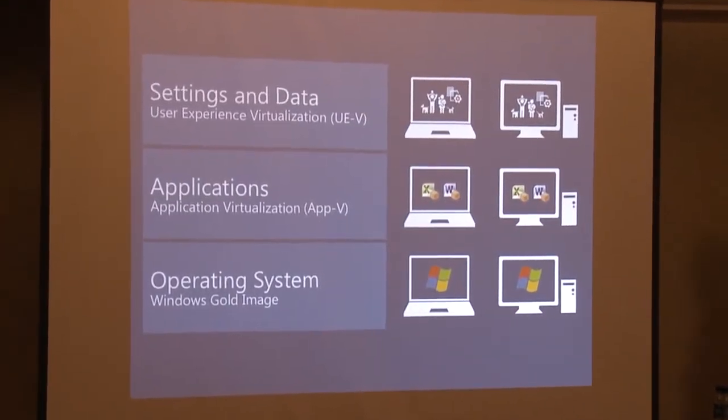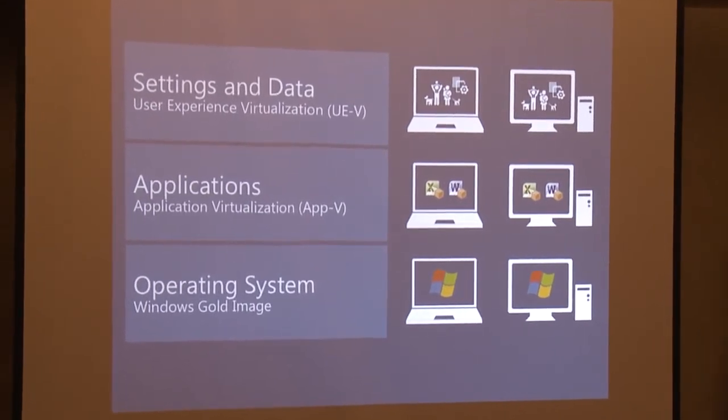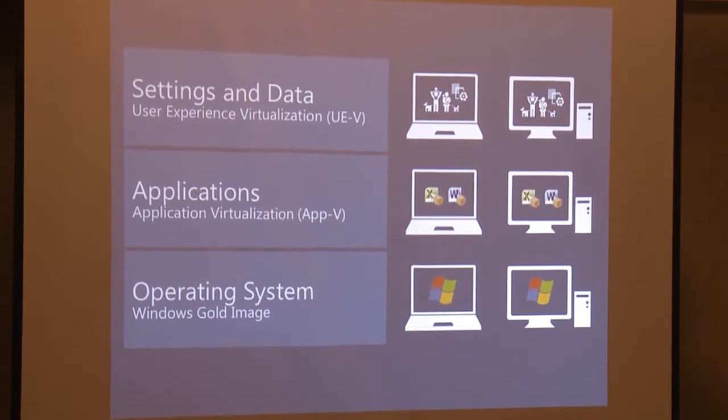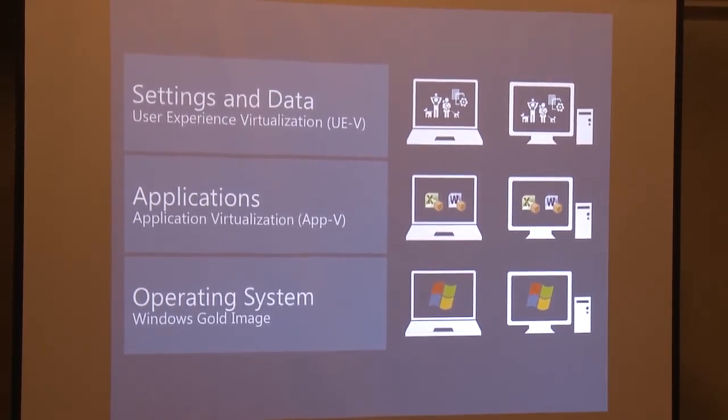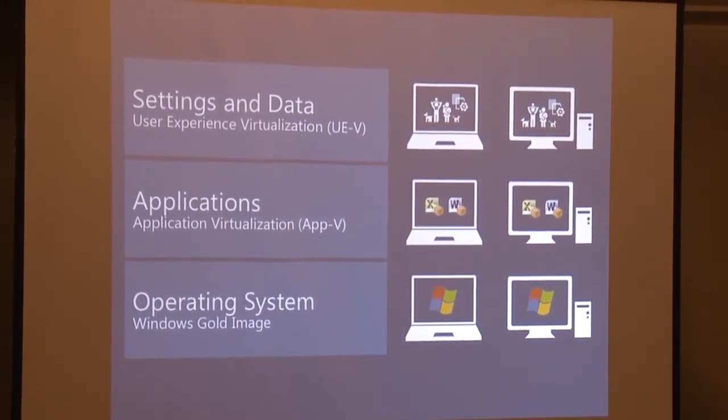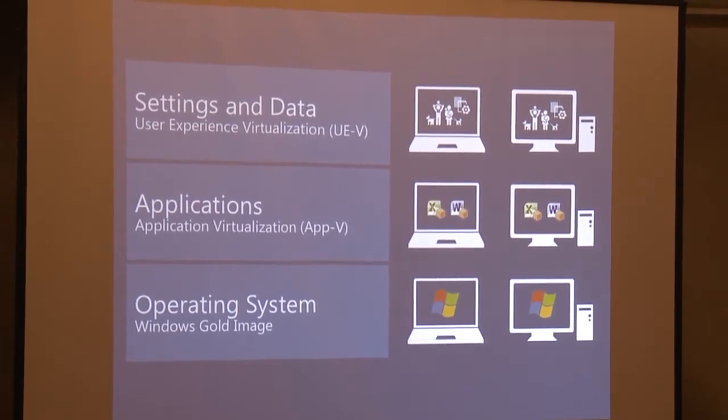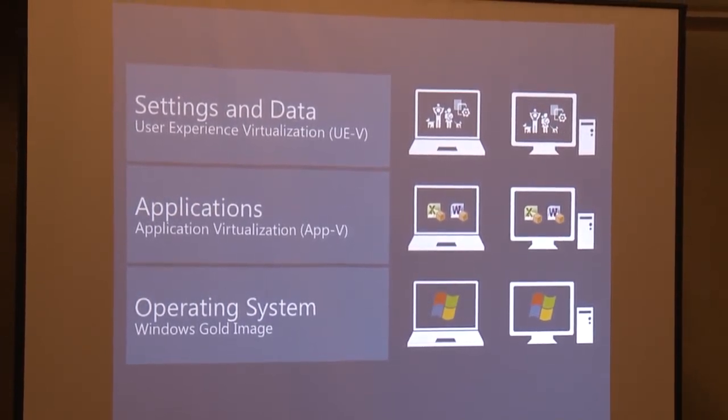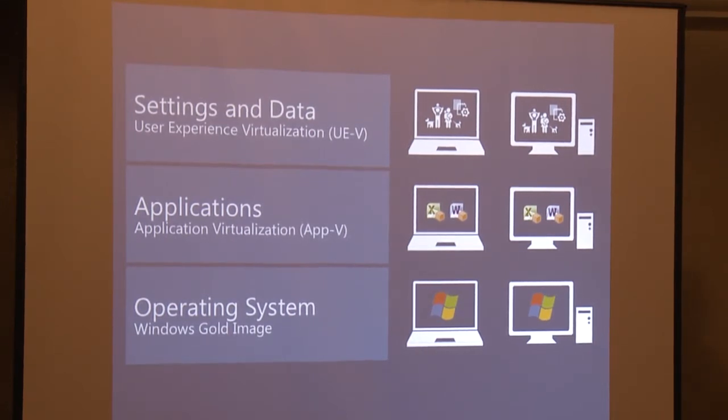So if we're looking at the desktop, a lot of what we're doing today is dividing this up into different layers, and AppV is a key to that. It's a key piece to delivering applications and allowing that desktop to be a little bit more dynamic, reducing our gold images and so on. And AppV, I think, is a great solution for this because I can package an application once and deliver it to multiple desktop types.